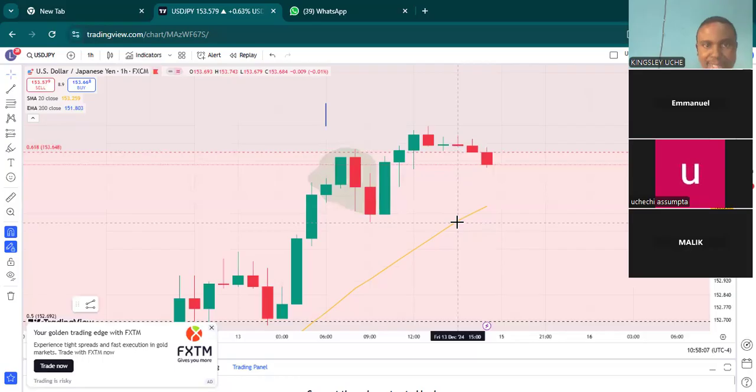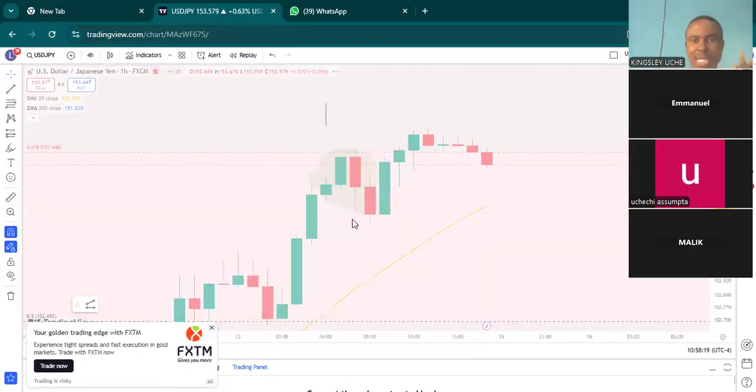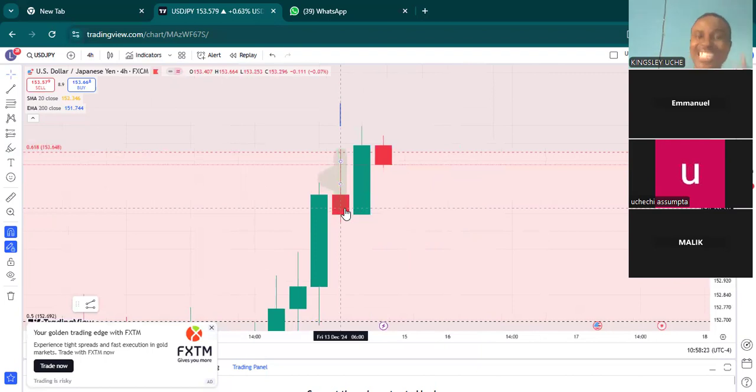In any case, when we want to sell this market, the first step is we need to find a wick and a bearish candle. That's if we are selling any market at all. We need to see a wick long like this and a bearish candle.